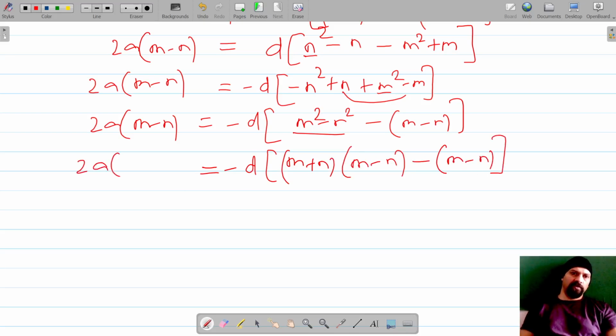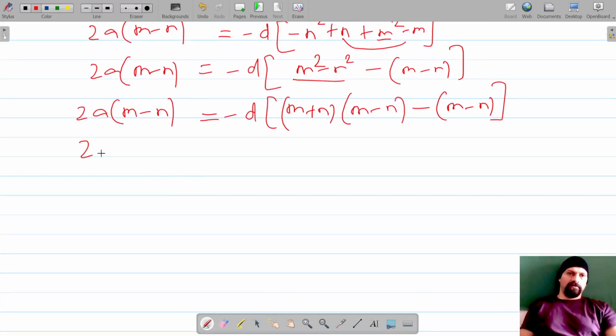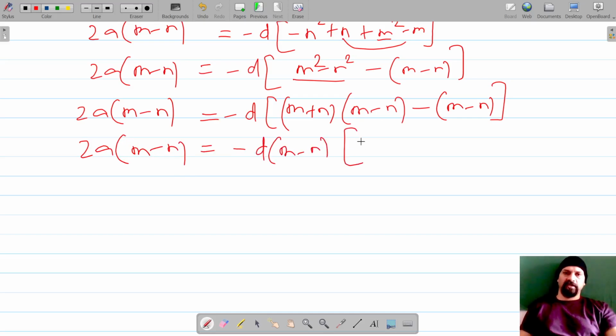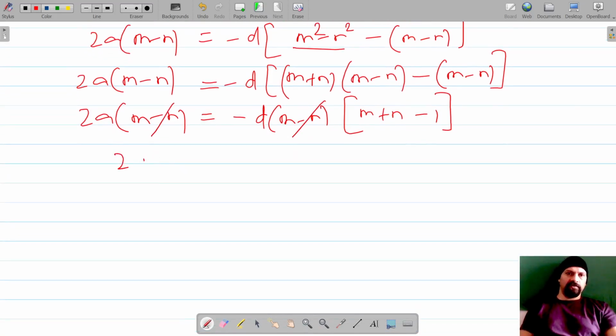So 2a into (m minus n) is equal to d into (m minus n) into (m plus n minus 1). This gets cancelled, and finally we have 2a plus d into (m plus n minus 1) is equal to 0.